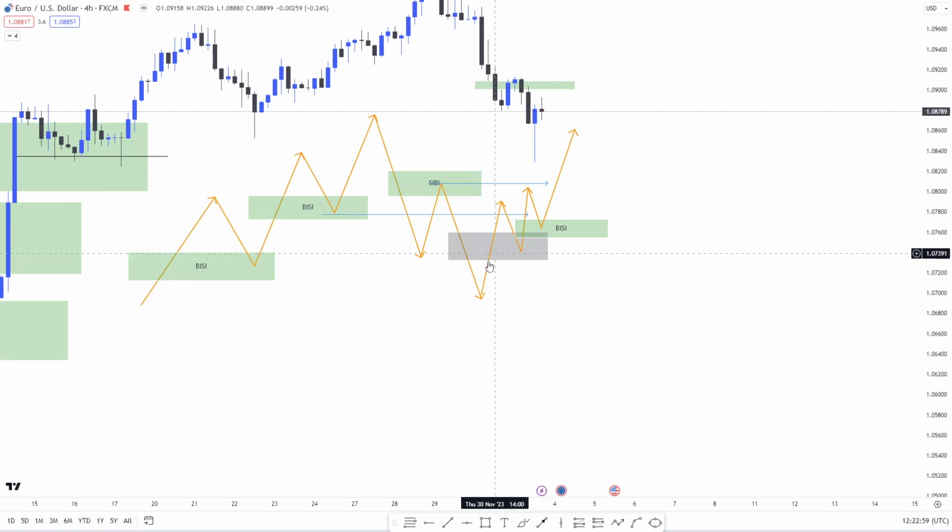That's absolutely fine. All that means is you are out of your position. You've taken a loss. But if you're using these areas of inefficient price action to buy here, sell here, buy here, let's say you took 1, 2, 3, 4, 5 trades.